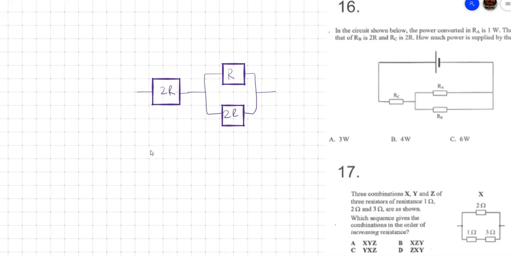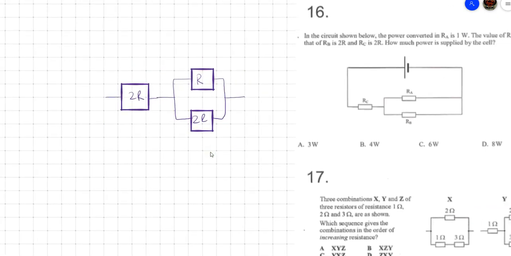Now we know that across this branch, voltage is the same because this is a parallel circuit. Therefore, I know that power is equal to V squared over R, and I can use this because the voltage is the same here.